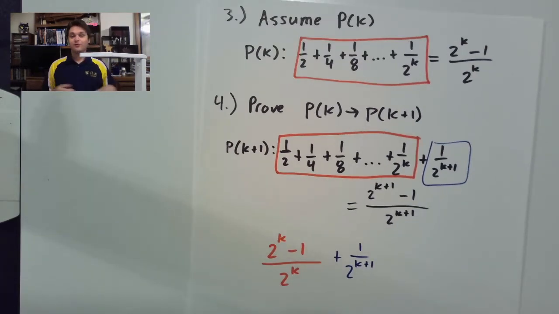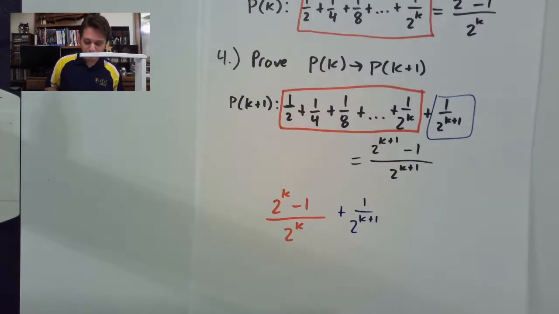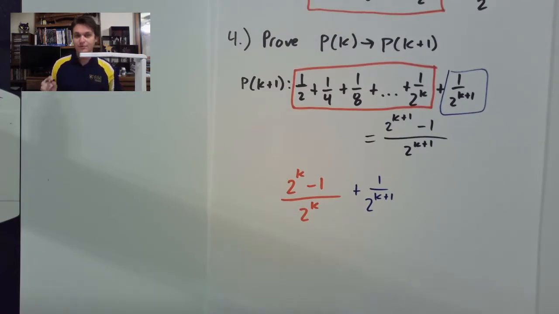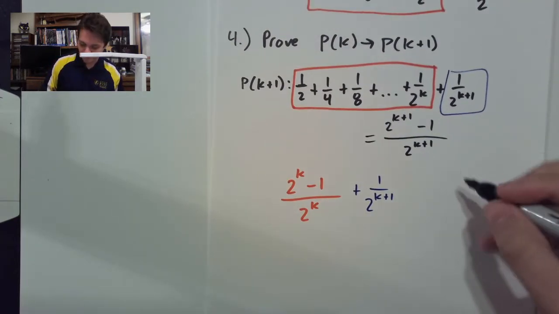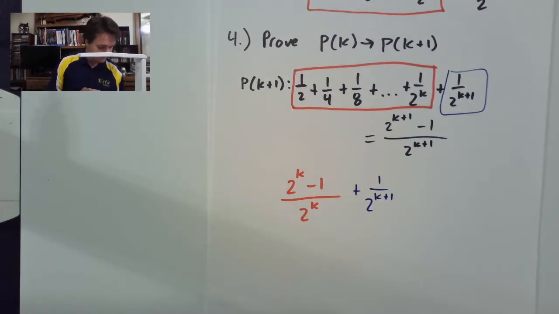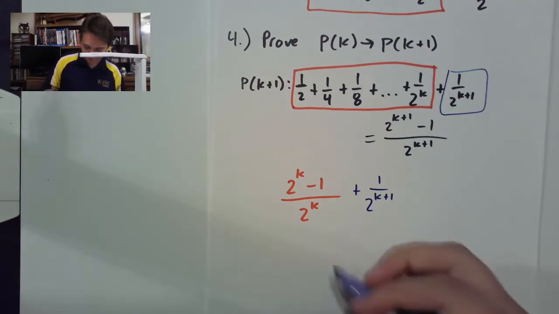Now, where do we go from here? It's not immediately obvious. But if we were to take this equation and rewrite it just a little bit, let's remember how exponents work. Let's maybe do this in a different color. I like using different colors. I think the math works out easier.